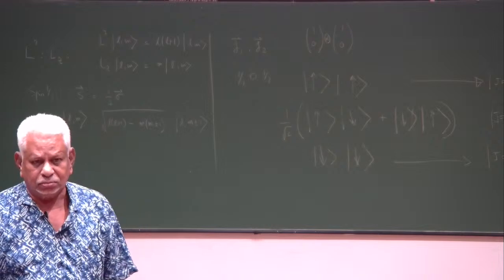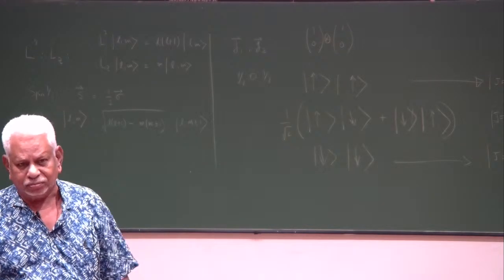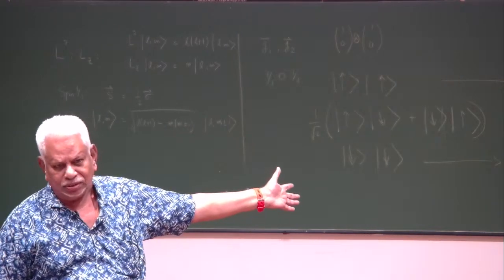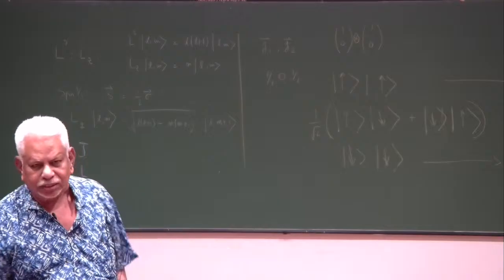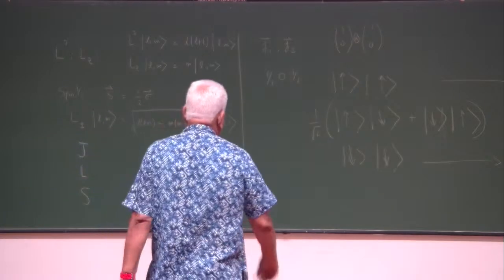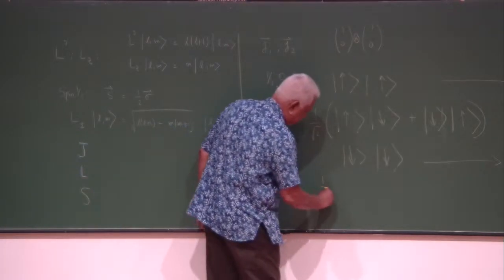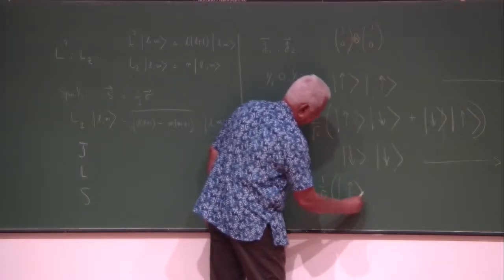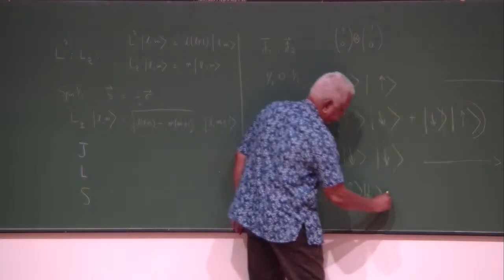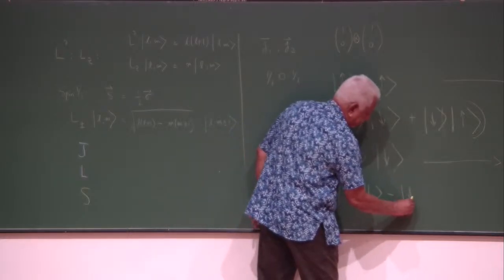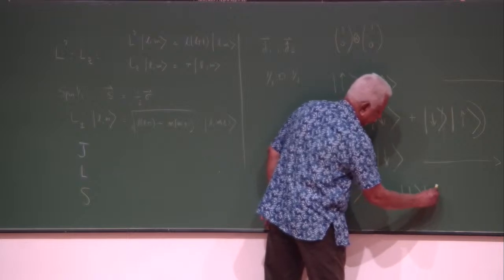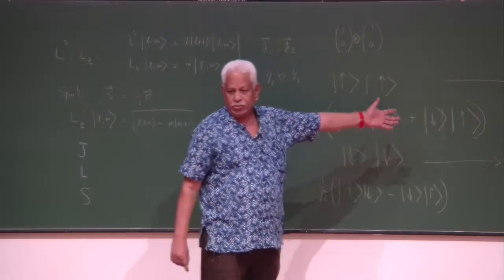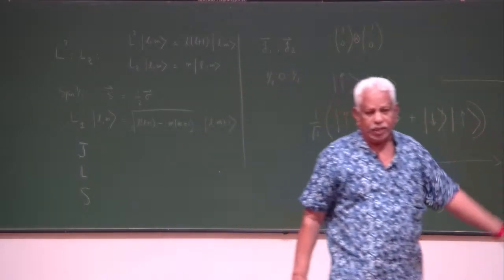But there are 4 states. So you can't just throw away something. So you should take a state which is orthogonal to this combination which you have chosen and call it by a different name, right? And that is, I will write down finally here 1 by root 2. And you can easily see this is orthogonal to this. Is it easy to see? Right? That vector is orthogonal.